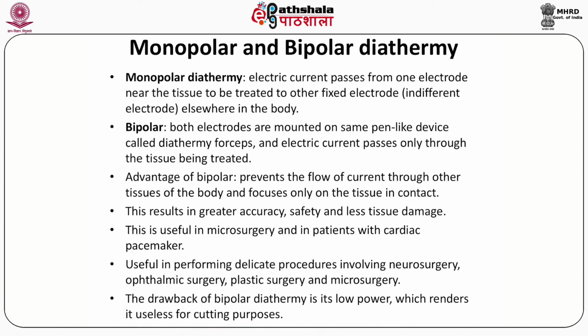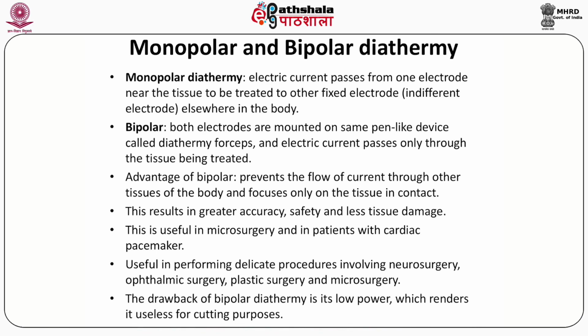The second technique is bipolar. Both the electrodes used in bipolar diathermy are mounted on the same pen-like device called diathermy forceps, held by the surgeon in his hand, and the electric current passes only through the tissue being treated.